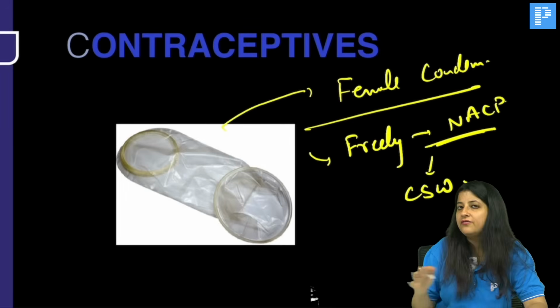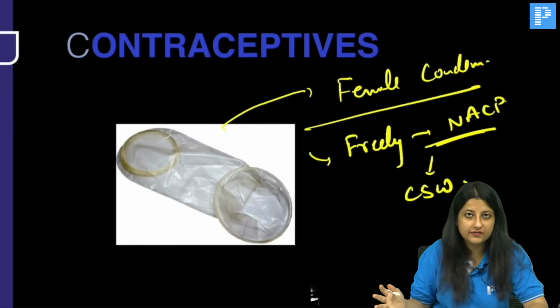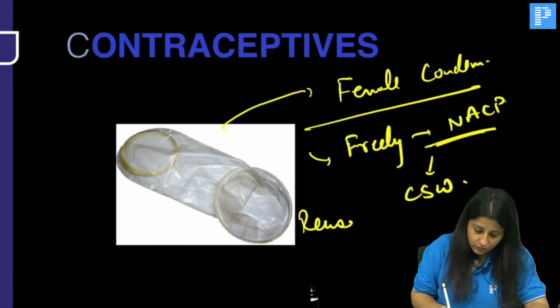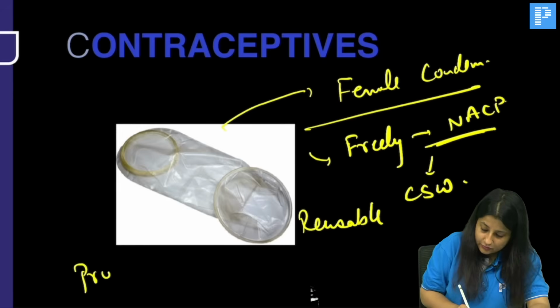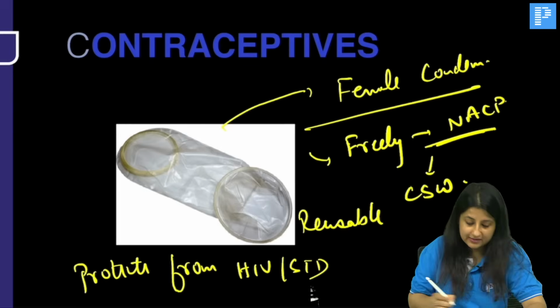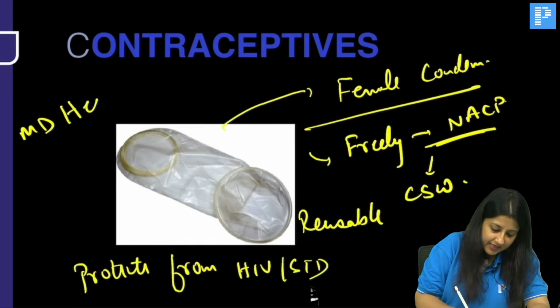It is made of latex, polyurethane, all of that. Never use a male and female condom together. This is also reusable. It also protects from HIV and STD. Got it? The female condom was discovered by MD Hessel.